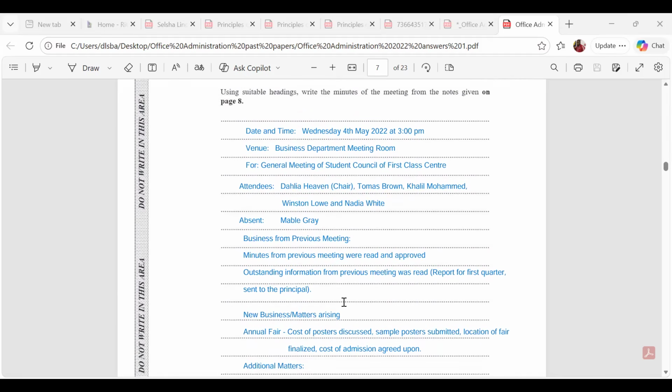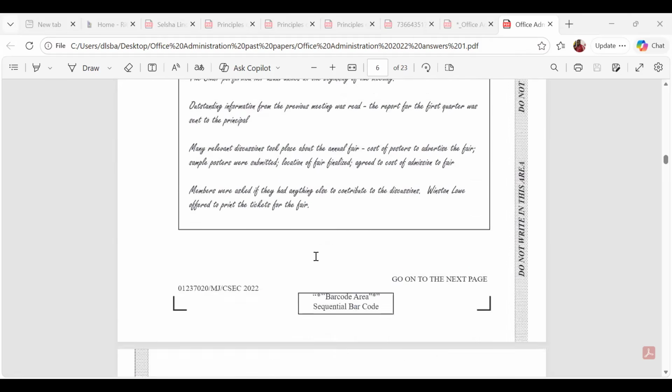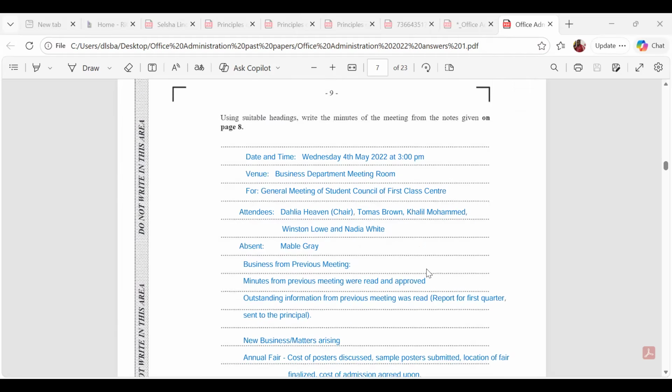The business from the previous meeting will be what you look at first, which will be the minutes from the previous meeting, and then the outstanding information from the previous meeting. Then you look at the matters arising in this meeting. And again, as we said before we did the PowerPoint presentation, you're not going to put everything word for word. You're just going to put the decisions that were made.